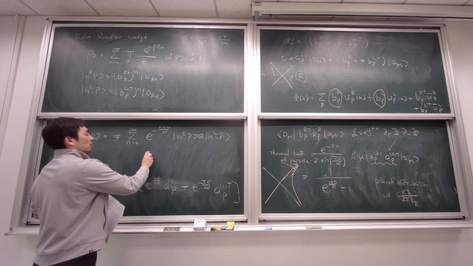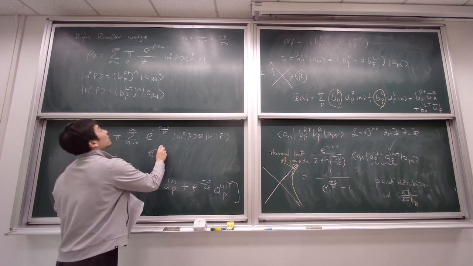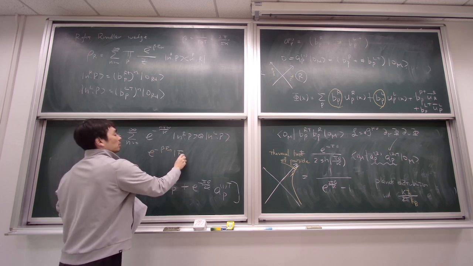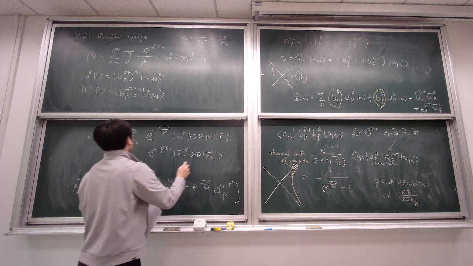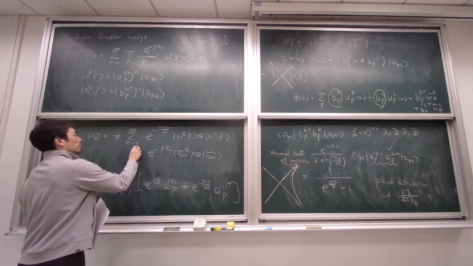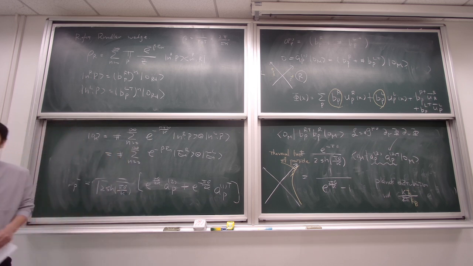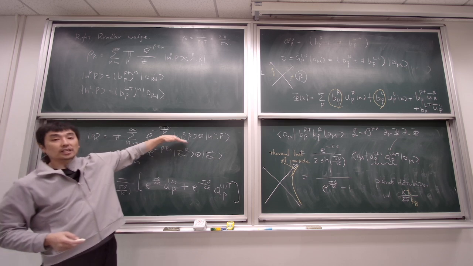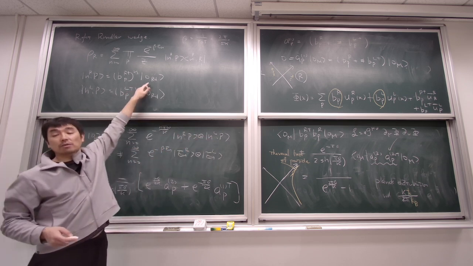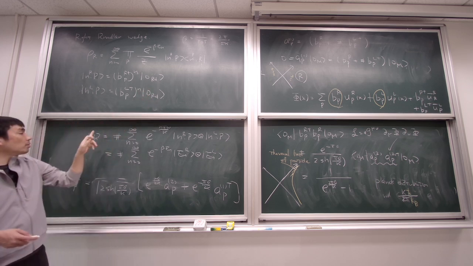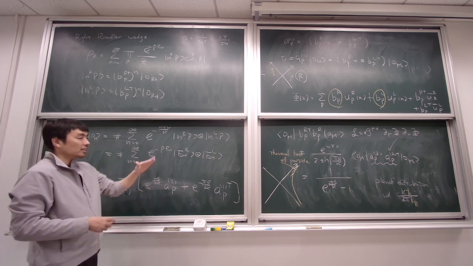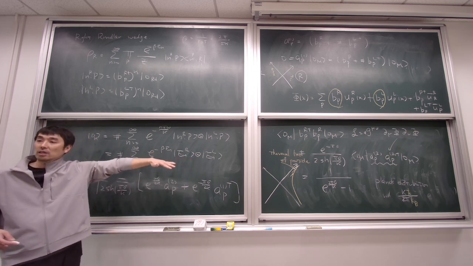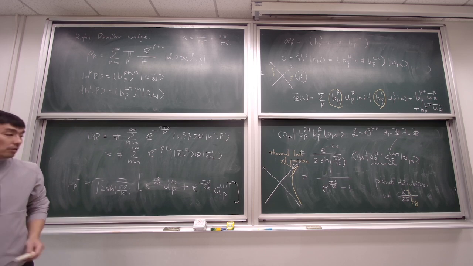Essentially, what you need is e to the minus beta E_n, right tensor left. Essentially this is the form of the Minkowski vacuum. Note that these states are defined using the Rindler vacuum. Since the Rindler vacuum is different from the Minkowski vacuum, the Minkowski vacuum is written as a kind of coherent state in terms of the right and left Rindler wedges.